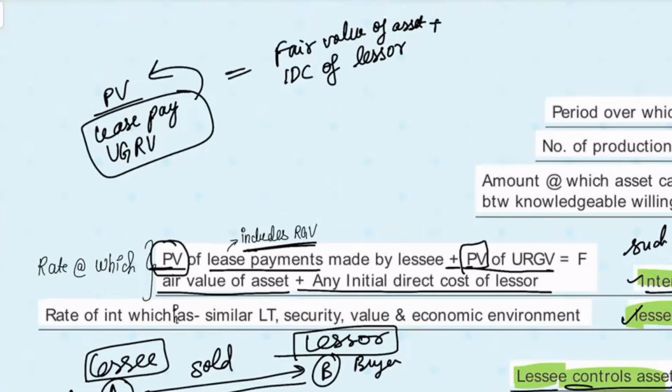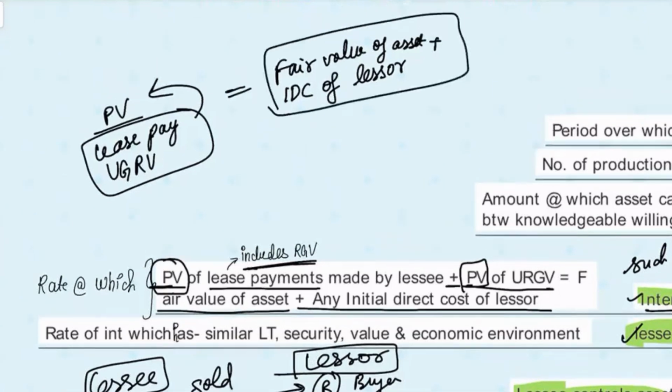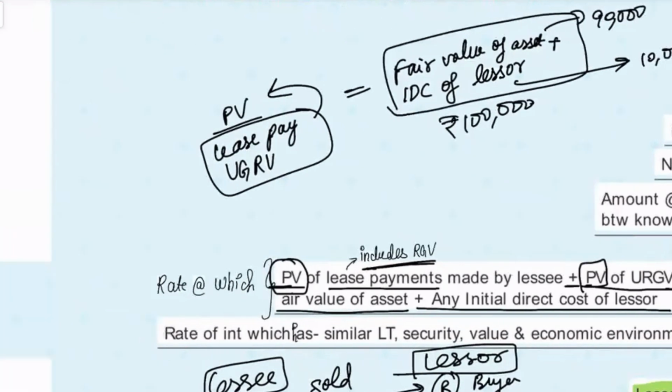So if you're going to add both of these, suppose you're getting a value of 1 lakh: the fair value of the asset is suppose 90,000, and the lessor incurs an initial direct cost of 10,000. Suppose it is 1 lakh. And the lease payments you're going to make through the years are suppose 3 lakh rupees, and the unguaranteed residual value is suppose 10,000 rupees.